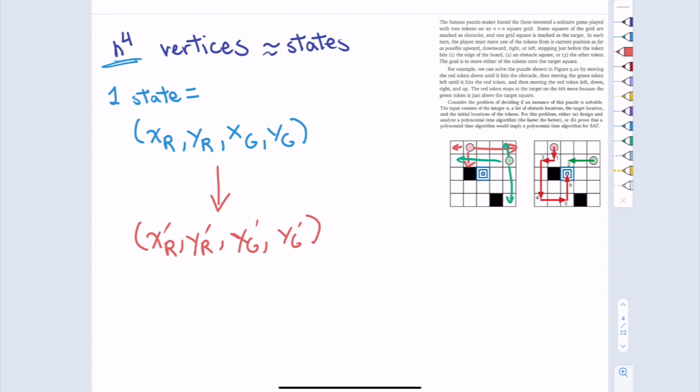Sorry, that Y should be an X. So only the reds will change or only the green ones will change, and it has to obey, oh, you ran into a wall or you bounced off a token or something. So you would write like 10 if statements here to sort out whether or not to put the edge there. Okay. It might be a little bit faster if you start at the starting point, because the observation was given a particular starting point of tokens, there's really only like 4 moves you can do, so you only have to generate those 4 edges.